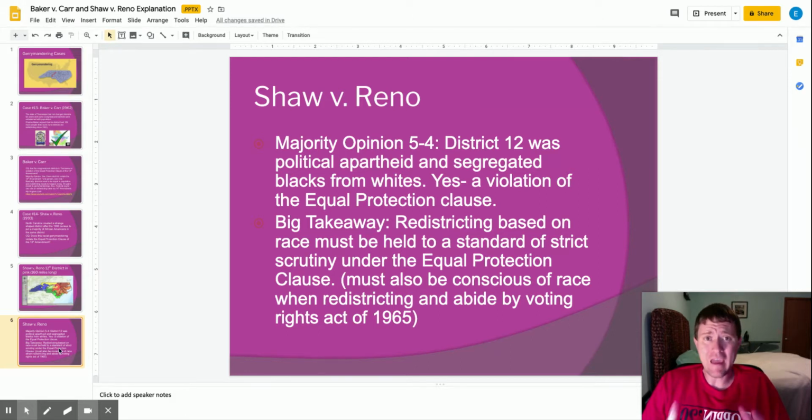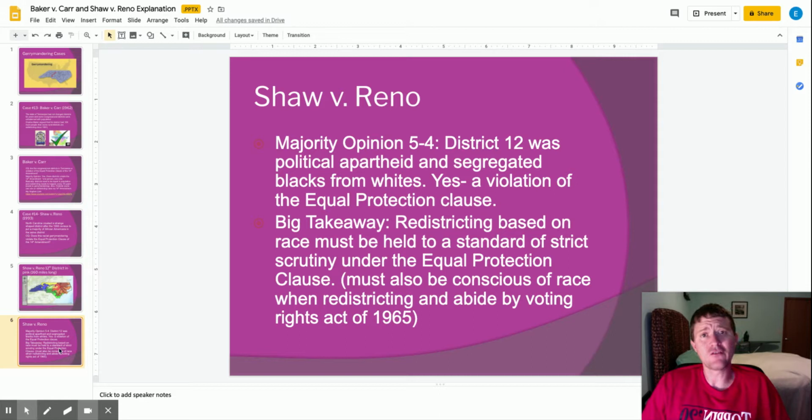Race can be a factor. It just can't be the only and obvious factor for the entire district being drawn. So in this case, the court rules that it is a violation of the 14th Amendment Equal Protection Clause. You can't have race be the only factor.